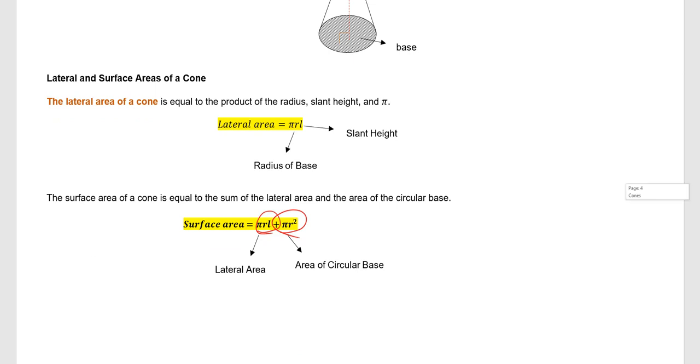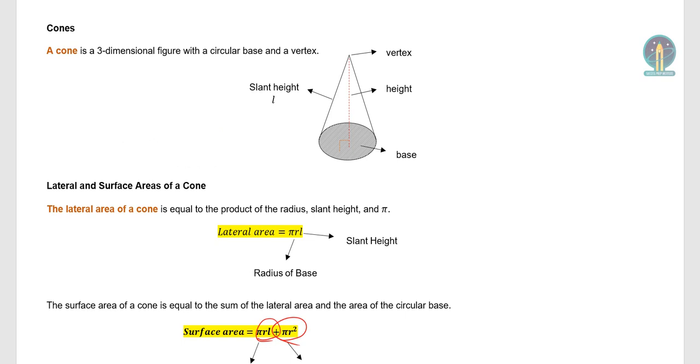The lateral area is pi times r times L, L being the slant height. So the lateral area is the radius of the base times the slant height times pi, because it's circular.